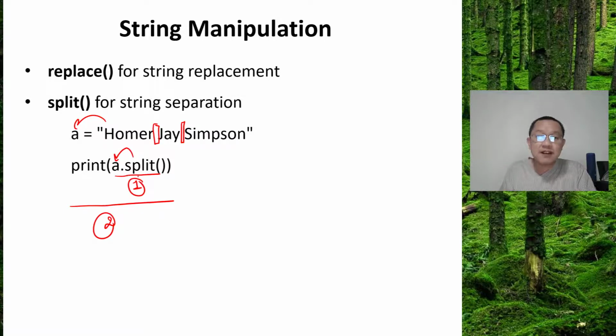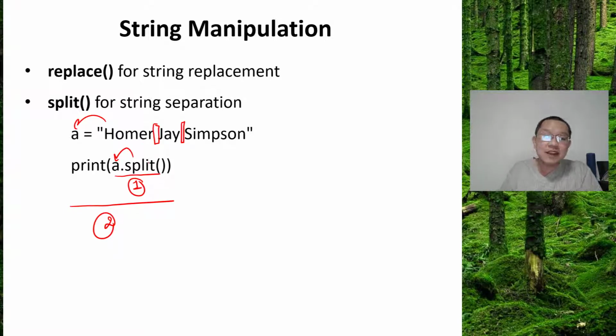The first function will perform first. The innermost function will do the job first, and the output of the first function will be the input for the second function. Okay, and the second function uses the output of the first function as an input to generate its output.